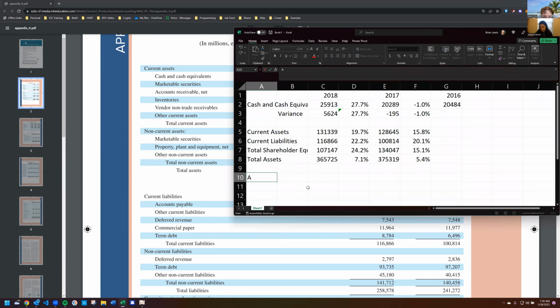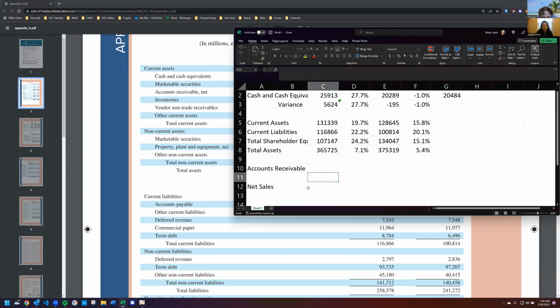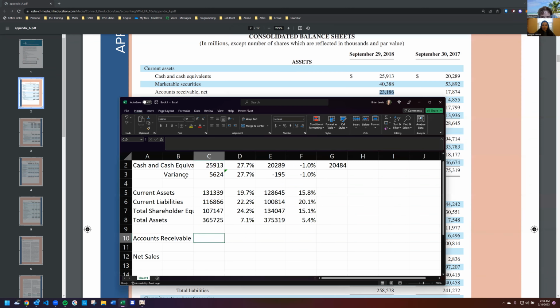So on that one, what's our receivables? Accounts receivable. And I'm going to need net sales. Net receivable, okay. So that's going to be 23,186, and this one's 17,874.